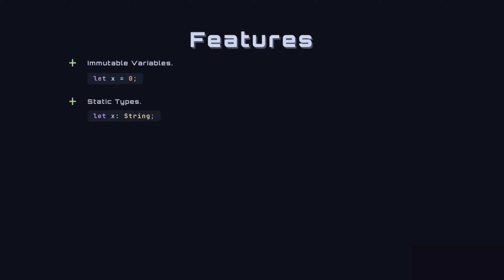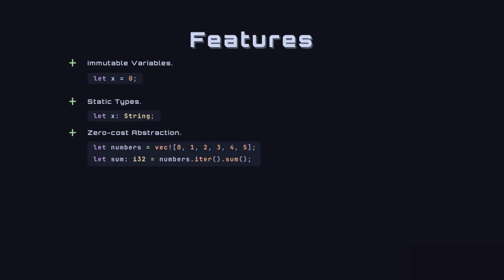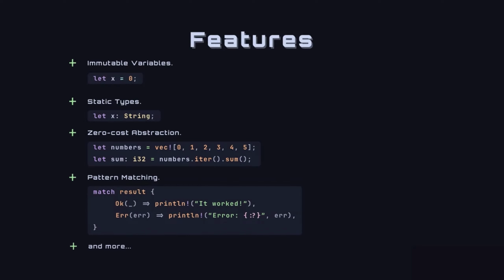All these are possible because of the core features of Rust, which include immutable variables, static types, zero-cost abstractions, pattern matching, and many more. Rust also has great documentation and learning tutorials.